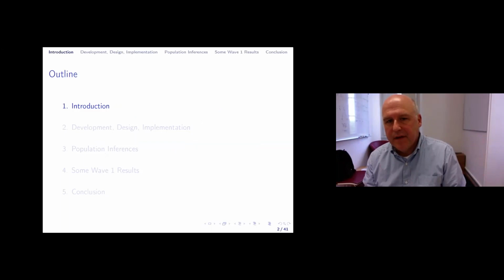I think you know the purpose of this project is to try to get a handle on how the pandemic and the public policies associated with the pandemic are affecting the UK population. And so it's really a situation where we're very, very concerned that we're getting accurate population inferences. And then I'll finish up by showing you some results from wave one of the web survey.